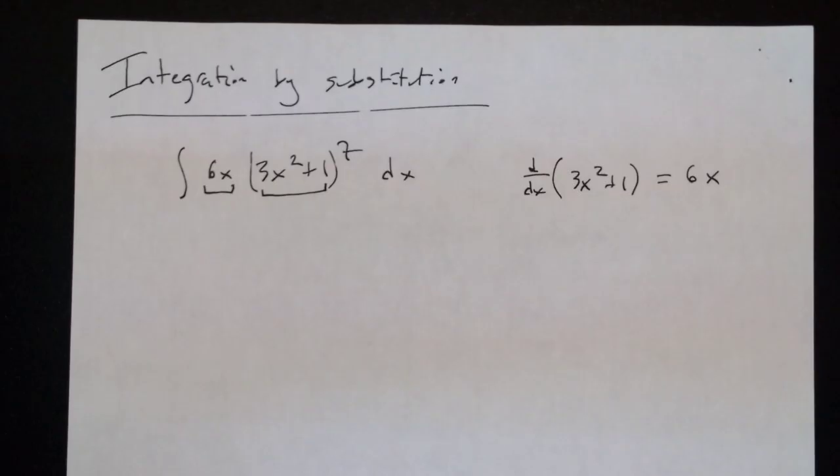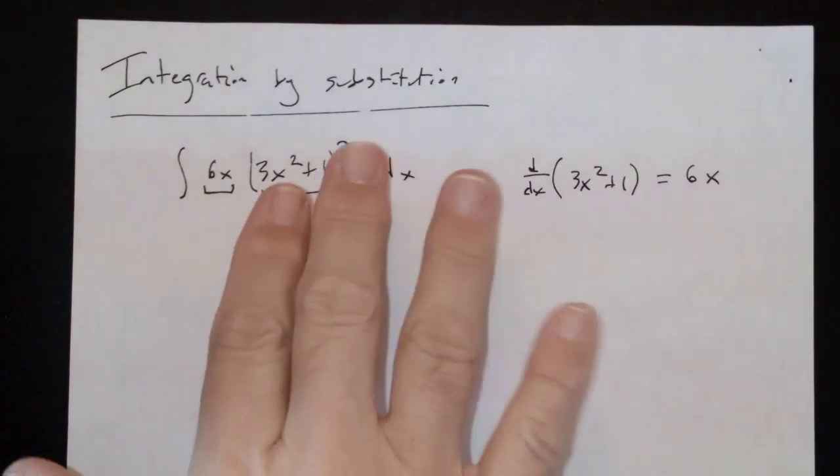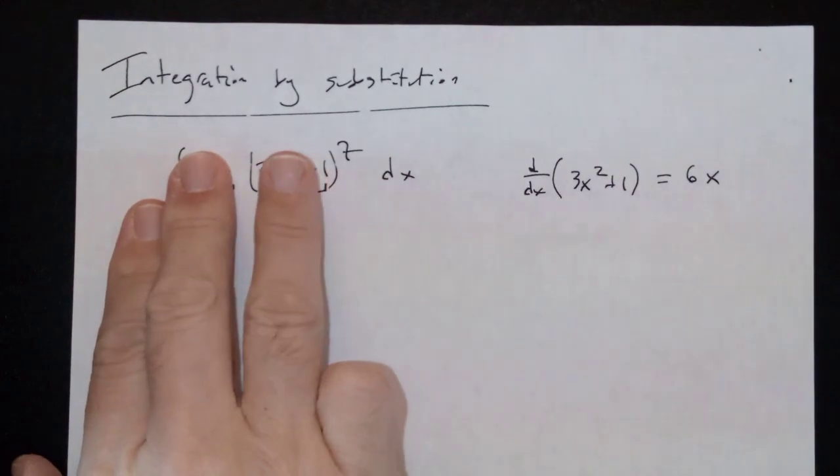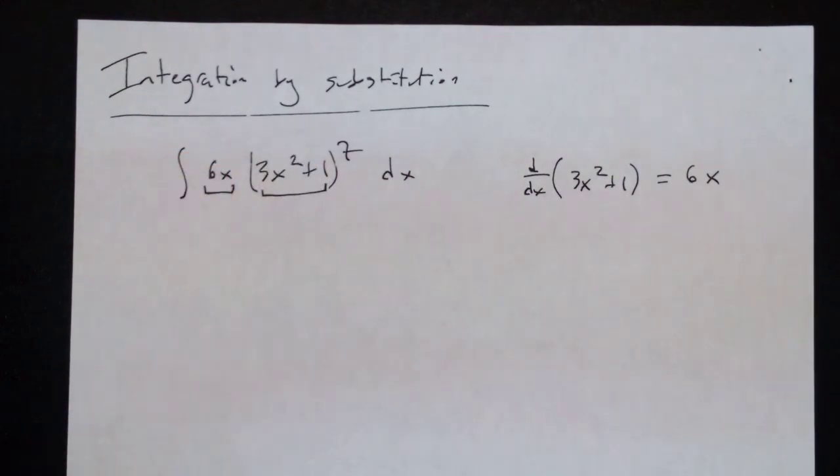All right, wait a minute. If that's the extra bit that came out of my chain rule, then let's ignore it for a second. This is stuff to the 7th. That's how we think of it when we do the chain rule. We take the derivative of the stuff.